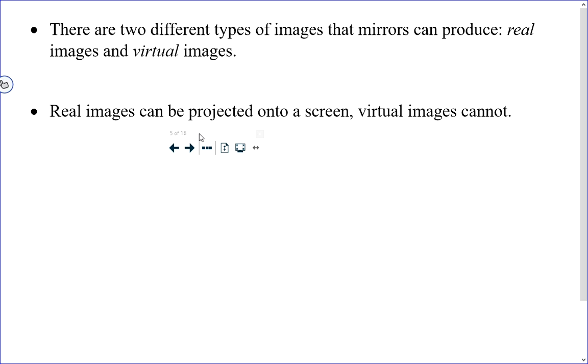If we had arranged things so that you were producing a virtual image, and you don't know what that arrangement would involve yet, but if we had a virtual image at that location, and you put your eyeball there, you would see the image when you looked in the mirror. The difference is if you put a piece of paper there instead of your eyeball, nothing would be on the piece of paper. And we'll talk about how virtual images are formed in a minute.